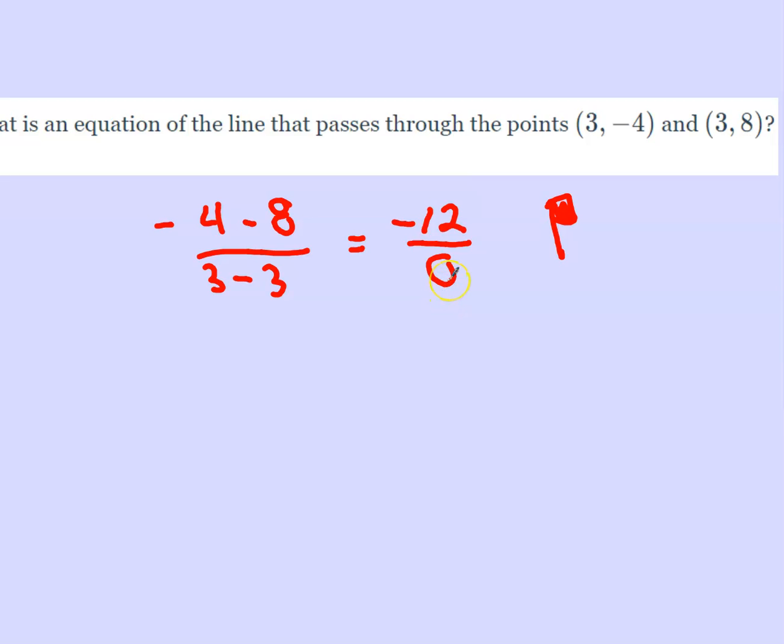Okay, so we ended up with an undefined slope. We can't continue using the same strategy we had before, but we can say, look, I noticed that the x is always 3, so the equation is just going to be x equals 3.